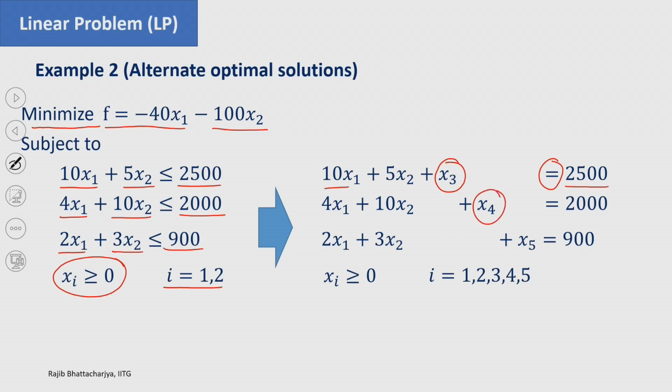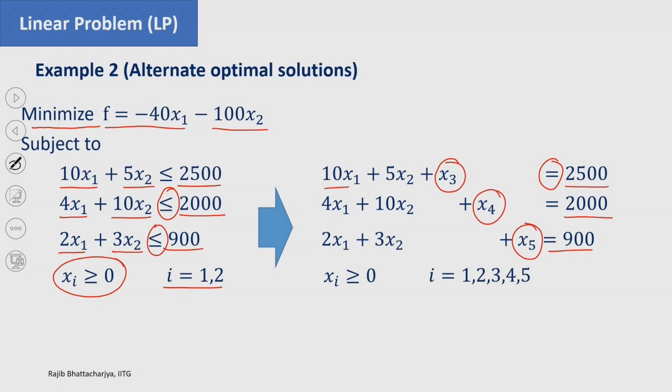Then in the second equation also, as it is less than or equal to type, I have to put another slack variable, that is x 4, and now it is equal to 2000. And the third one again is a less than or equal to type. So, I have to put another slack variable to make it equal to 900.